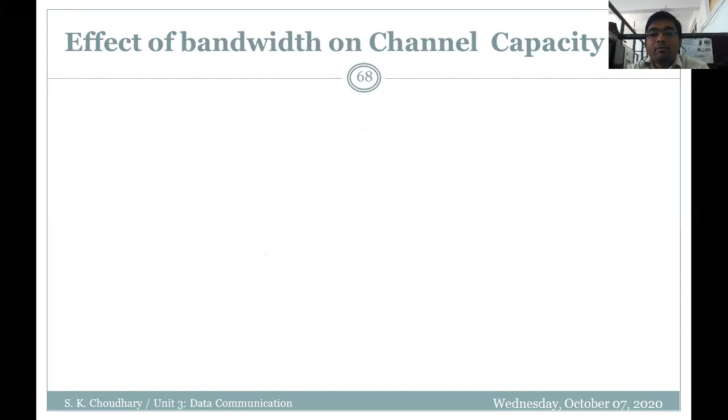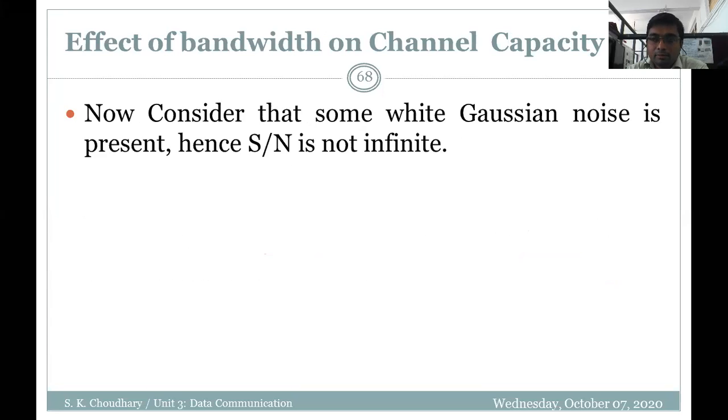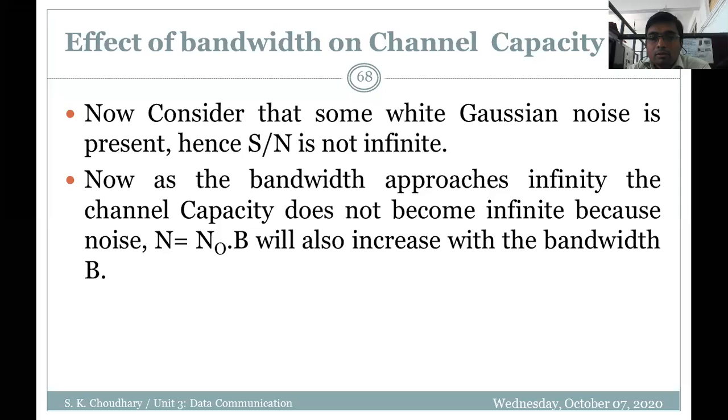Now come to the second factor, the effect of bandwidth on the channel capacity. Now consider some white Gaussian noise is present, meaning SNR is not infinite, meaning we are talking about the noisy channel. Now keeping the SNR at a constant level, bandwidth is varied and approaches infinity.